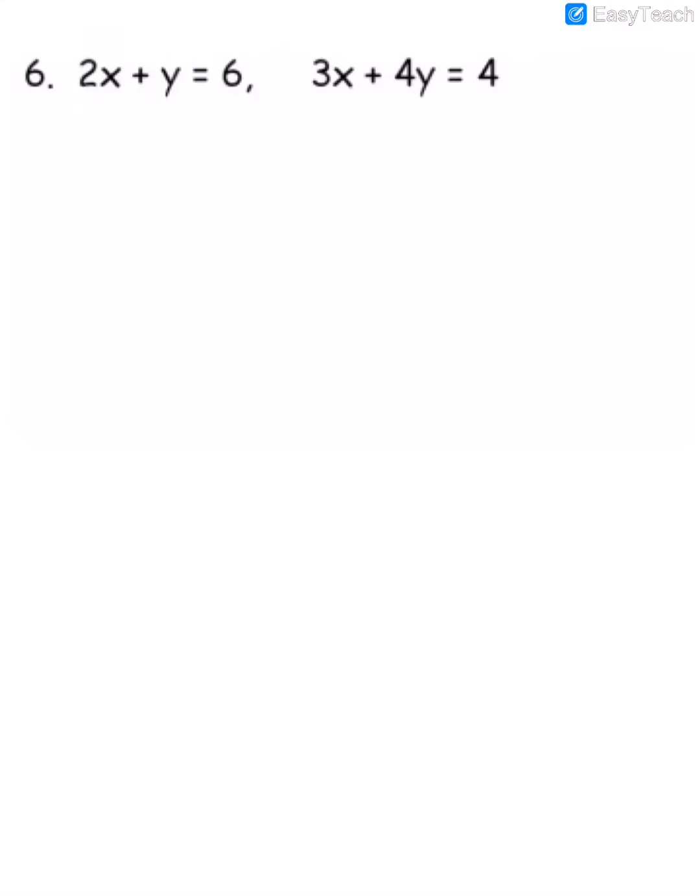So to get the y by itself in that equation, I'm going to subtract 2x from both sides. And that leaves me with y equals, I can either write 6 minus 2x or negative 2x plus 6, it doesn't matter. So now I have a variable by itself.